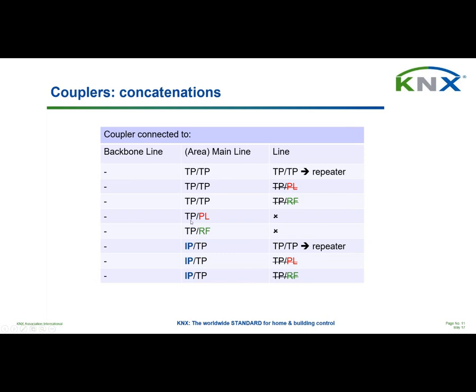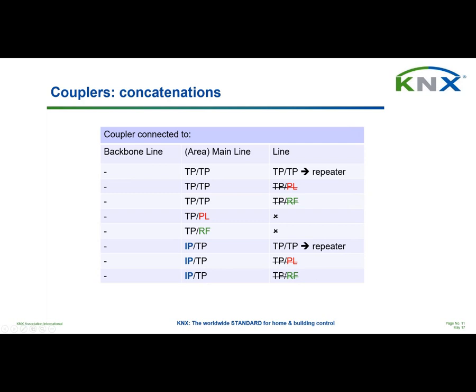Also here, when we put twisted pair power line or twisted pair radio frequency right in the main line, there we can see that nothing further can be combined. And the same principle again also applies for IP twisted pair. So if the main line is IP, well, then you can add one more TP coupler, but as repeater.